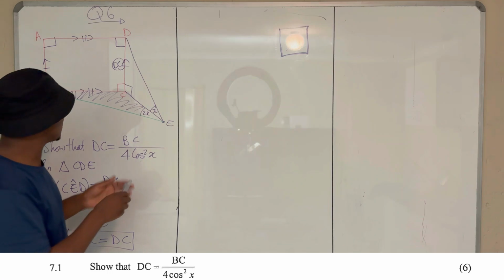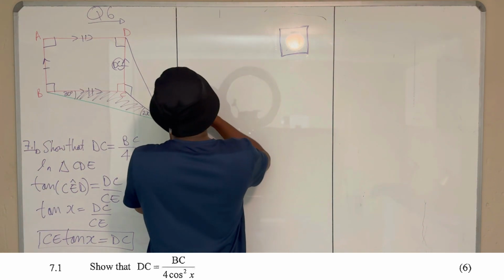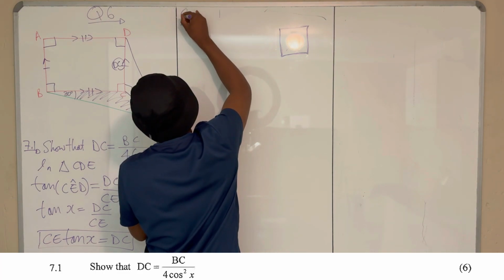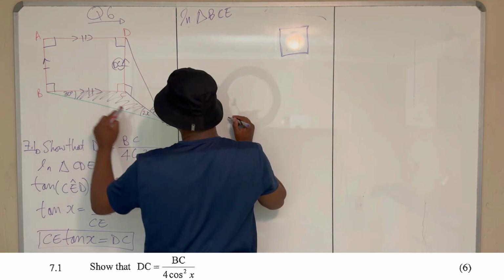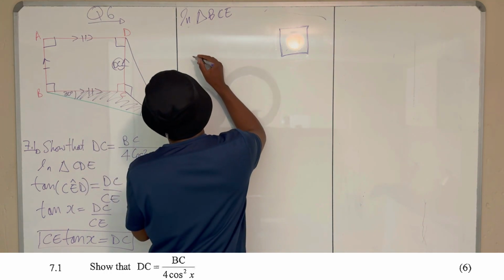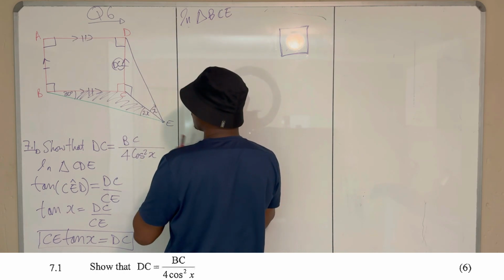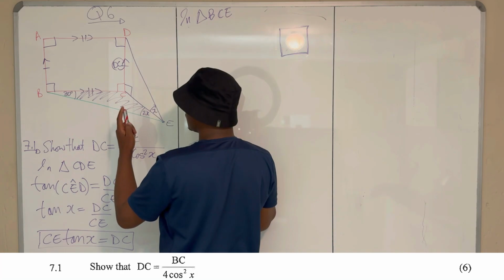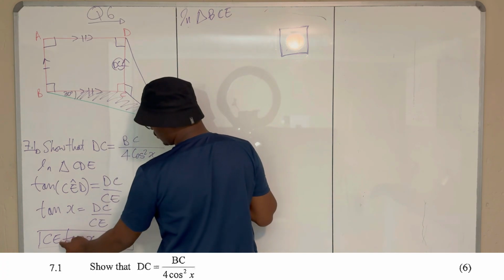Right? So if we look at the base triangle, triangle BCE, which is on this triangle over here, we want this side CE that we can substitute over there.